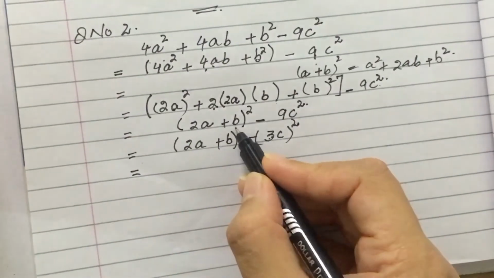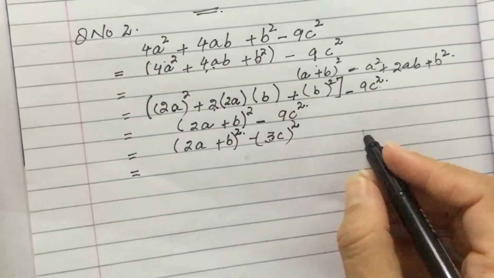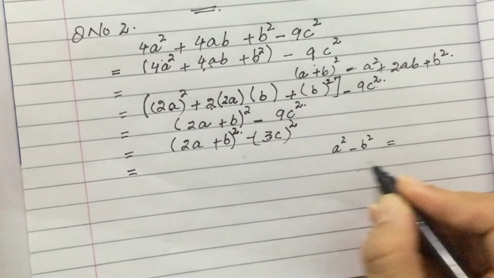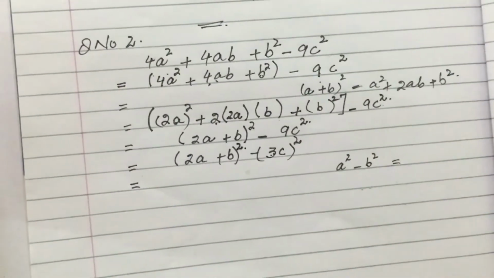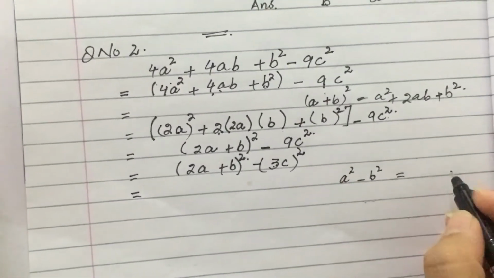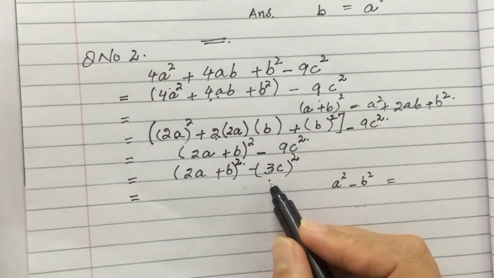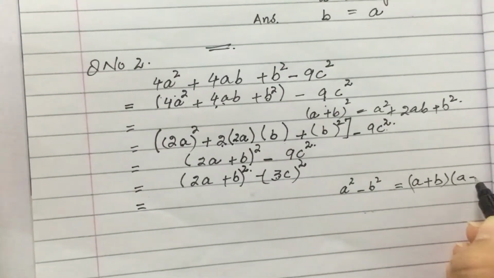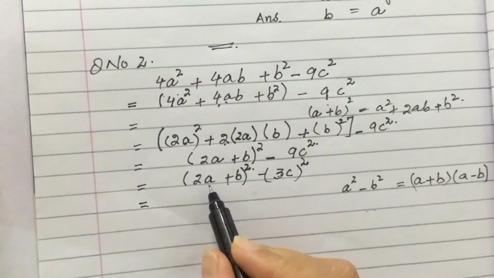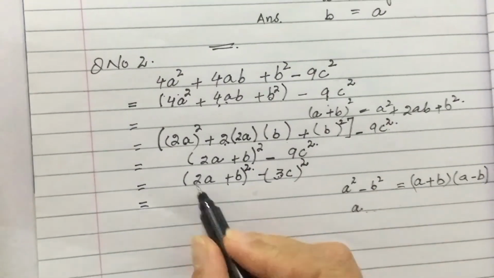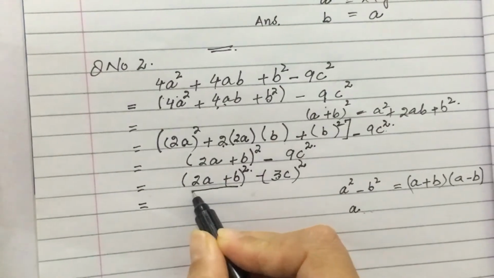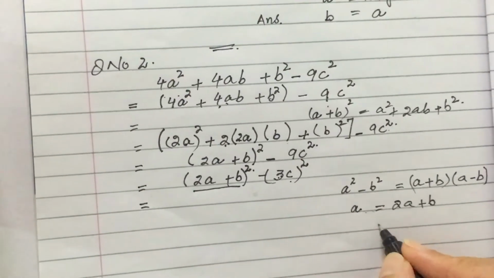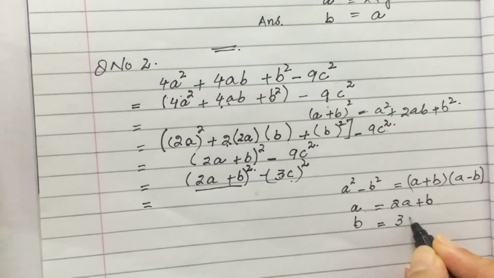The next step is to use another formula, that is a square minus b square, the difference of a square and b square. That can be written as a plus b, a minus b. So here a is the first term, that is 2a plus b. The second term is 3c, so b is equal to 3c.